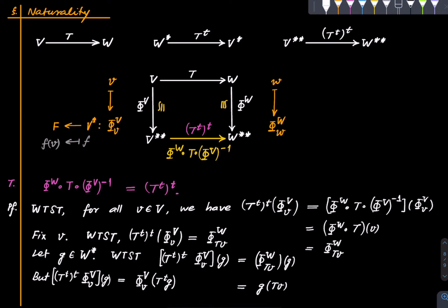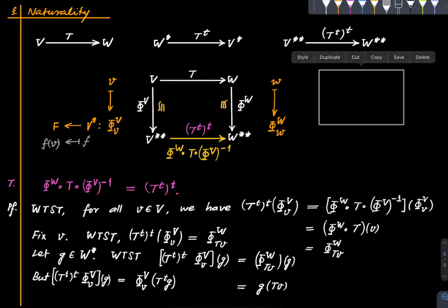So just think about that. Let me make a comment. If I have a map from a vector space X to a vector space Y and call that map A, then A transpose of something in the dual of Y, let's say phi, operated on a vector in X, is equal to phi of AX.